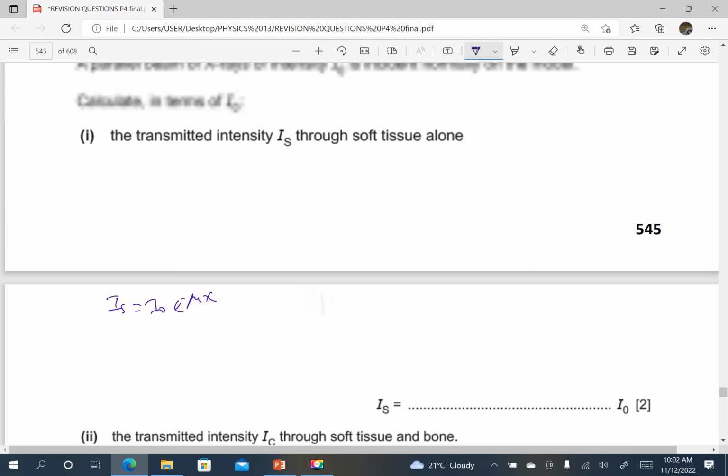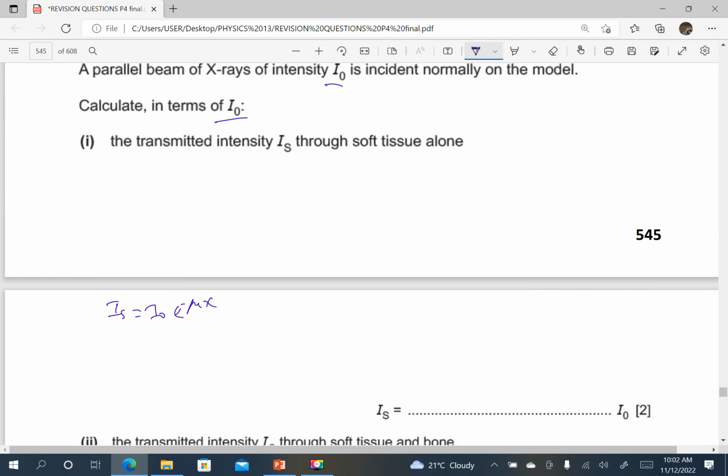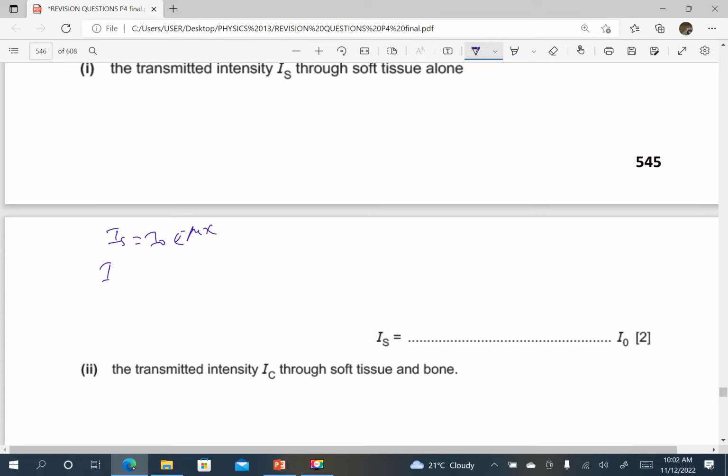So IS is going to be equal to I naught e power negative, mu for soft tissue was 0.92, so that would be negative 0.92, and the thickness of soft tissue is 9 centimeters, 9.0. So we now press our calculator. From our calculator, we are getting 2.5 times 10 power negative 4. That is through the soft tissue alone.